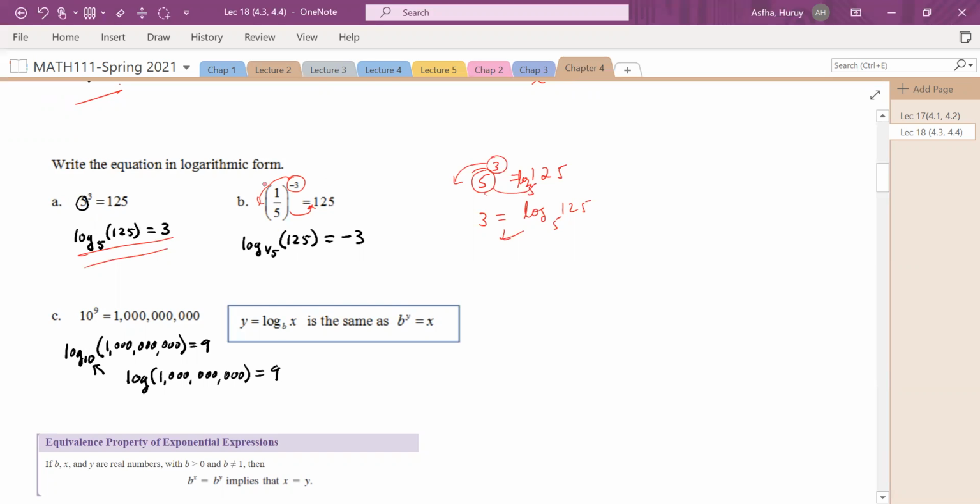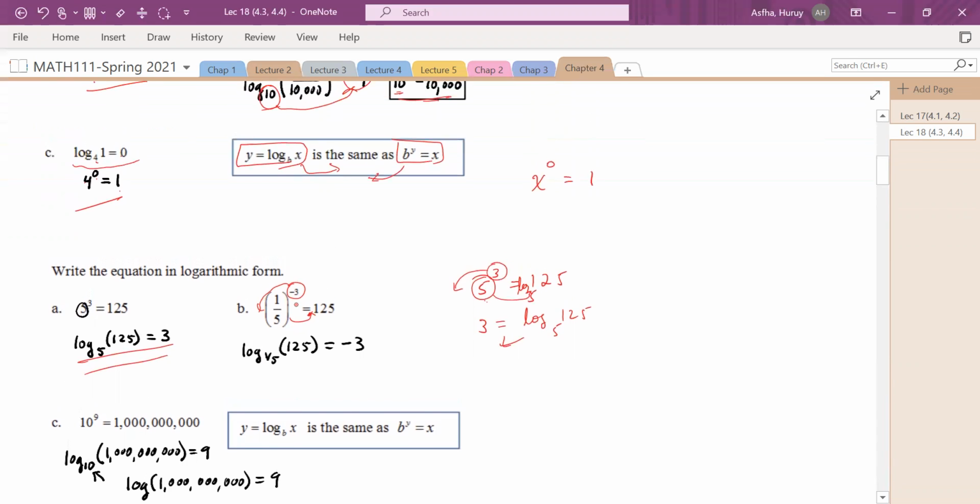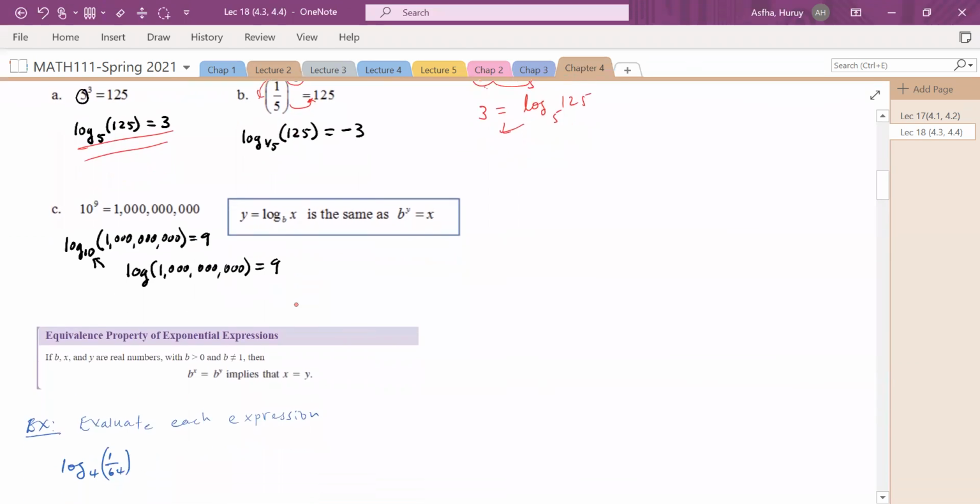Then you will be more comfortable once we learn the properties. And of course, we do the same thing with this one as well.